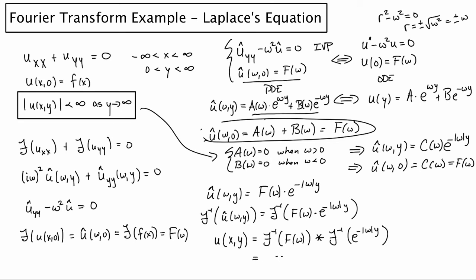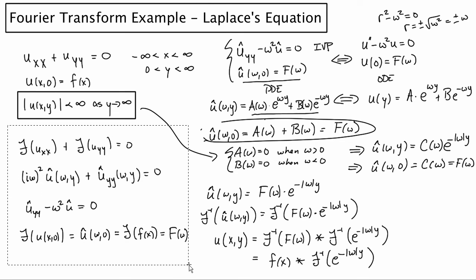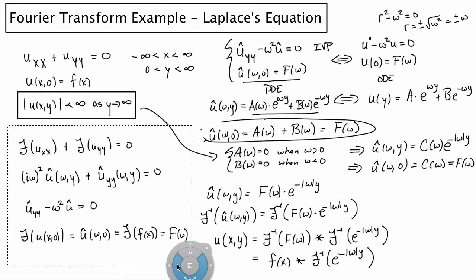We can do this problem as long as the inverse transform of capital F is little f, and as long as we know what the inverse transform of this is. That's going to be our next assignment, trying to figure out what that is.